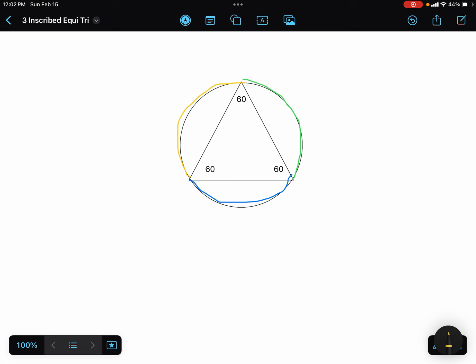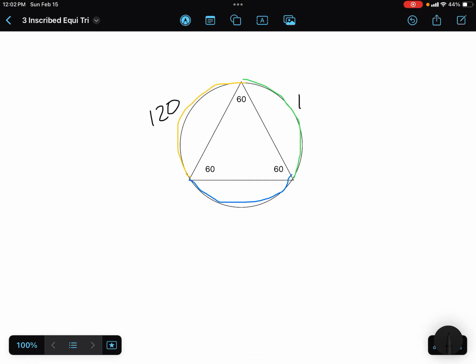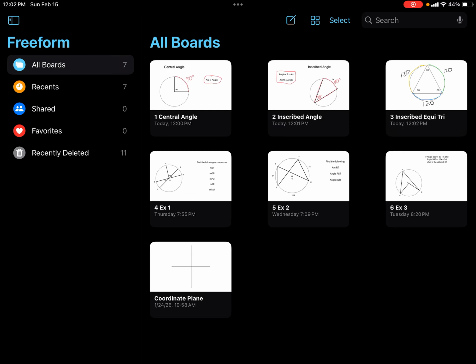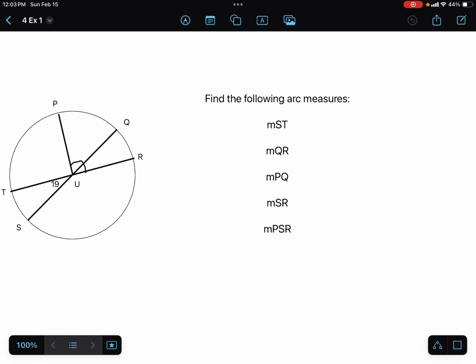Well, that encompasses the entire circle, all 360 degrees. Because 360 degrees is going to be equally divided by 3, that makes each arc 120 degrees. And so there is the angle times 2 equals arc rule in action. So those rules are pretty basic. Let's see how they might play out in some more complex situations.